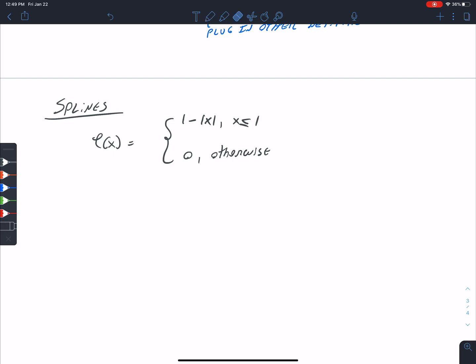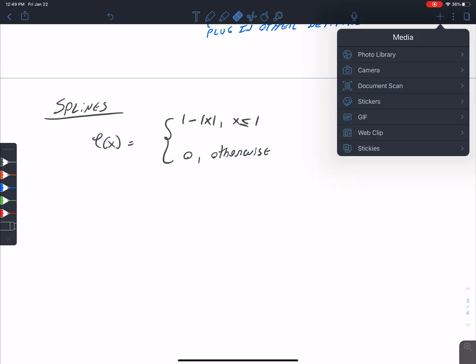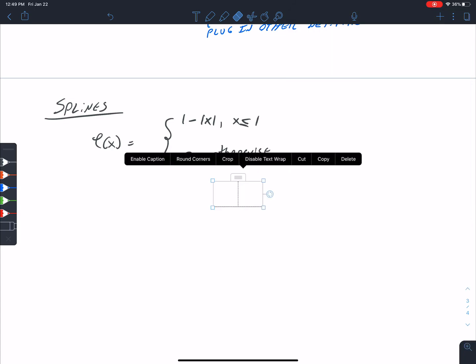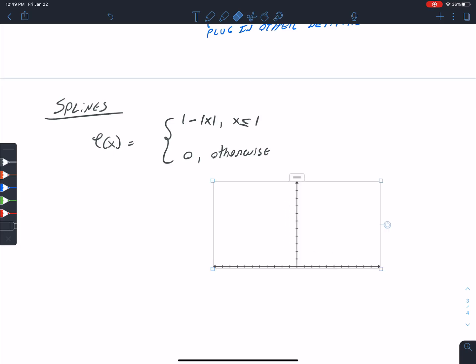Let's plot this function. We have an axis here, and let's say that over here we have 1 on the x-axis, and over here we have -1, and of course by definition then here is going to be 0.1, 0.2, 0.3, and so on.